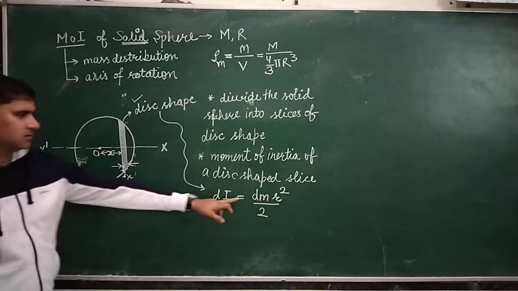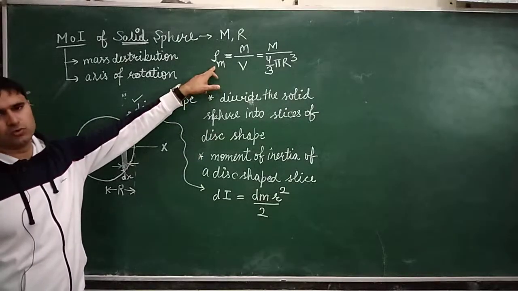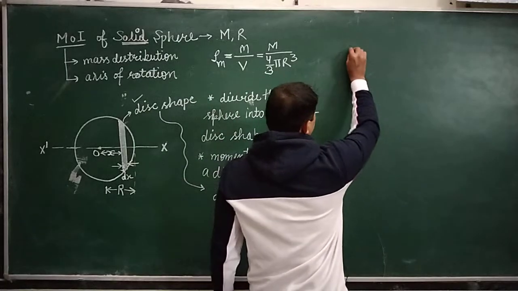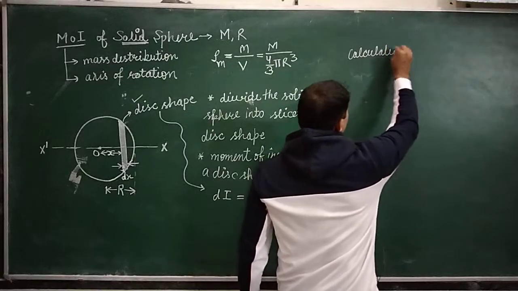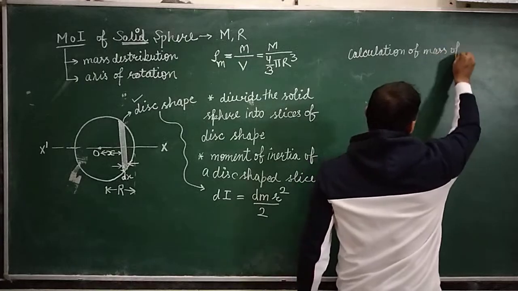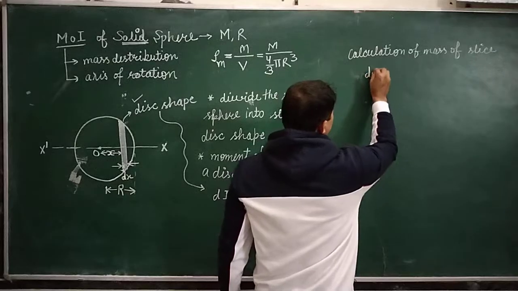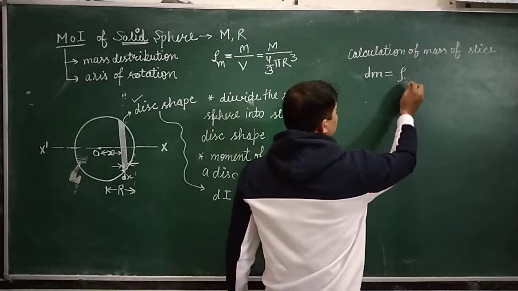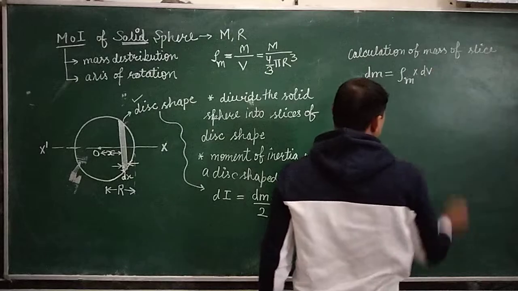Now we are to find the mass of this disc. For that we will make use of the volume mass density. So let me do the calculation of the mass of the slice. Let this mass be dm, and it will be volume mass density into the volume of the slice.